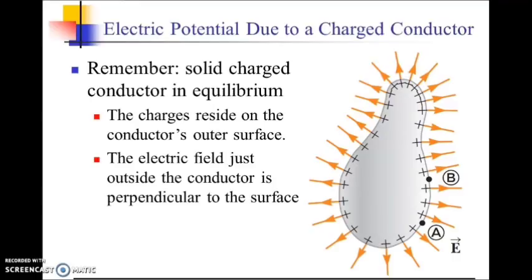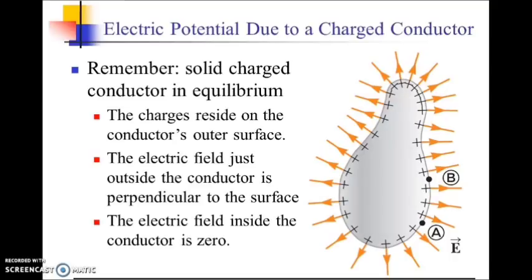The second thing is that the electric field just outside the conductor is perpendicular to the surface, everywhere on the surface. And we also learned that at electrostatic equilibrium, the electric field inside the conductor is equal to 0.